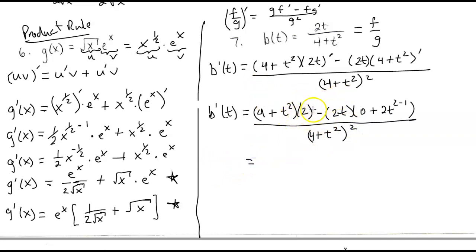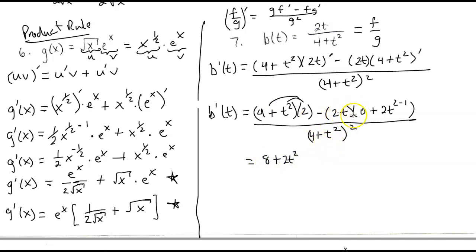So from here, we are essentially done as far as executing the derivative, but now what we want to do is clean things up, okay? So here, we'll distribute to both terms here. So this will be 8 plus t squared.